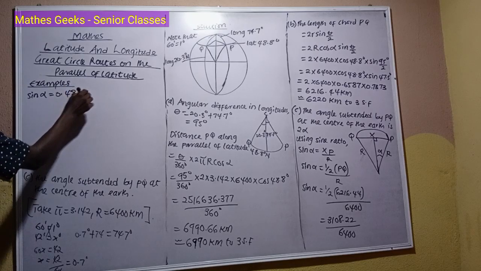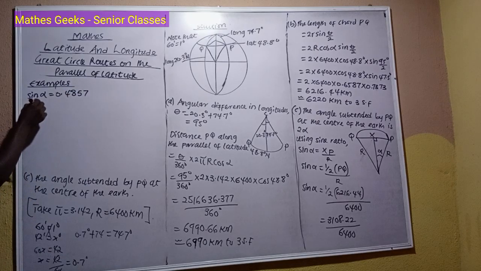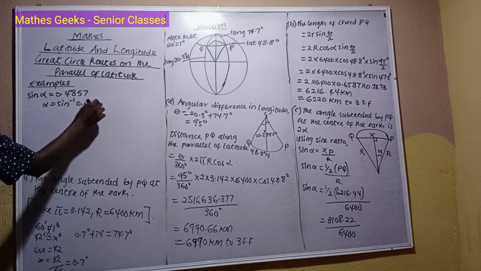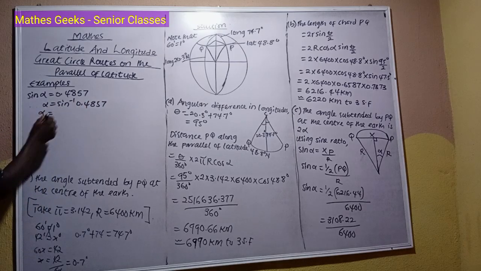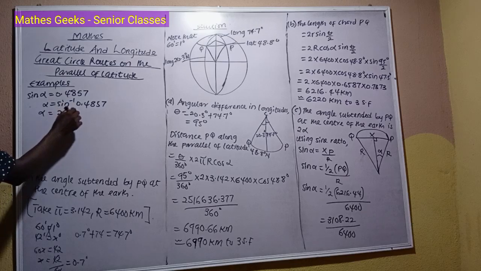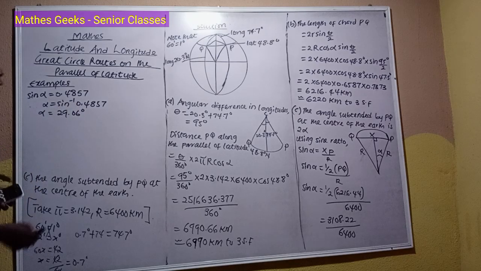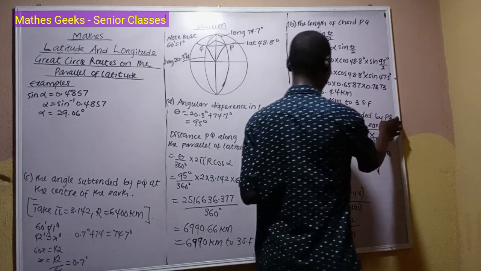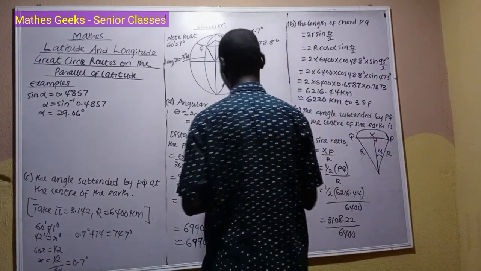Sine alpha is 0.4857, and alpha is equal to arc sine 0.4857, which is 29.06 degrees. But remember, the angle subtended by PQ at the center of the Earth is 2 alpha.